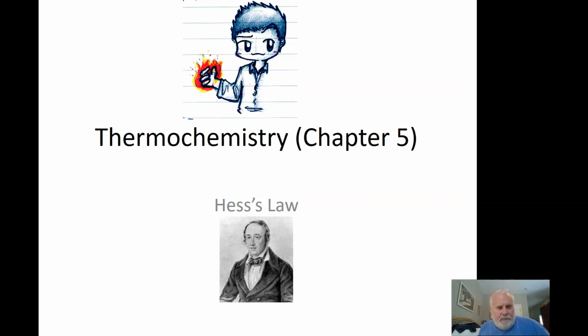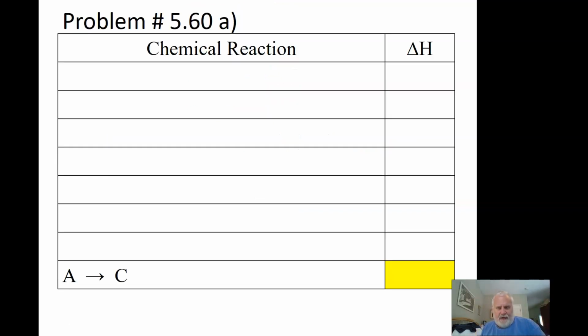Otherwise, here we go. So we're on page 205, and you can see we're going to start with problem 5.60a. All right, so let's see what we're talking about here. We've got A going to B, and then B going to C. You should think of this in terms of kinetics as B being a reaction intermediate.